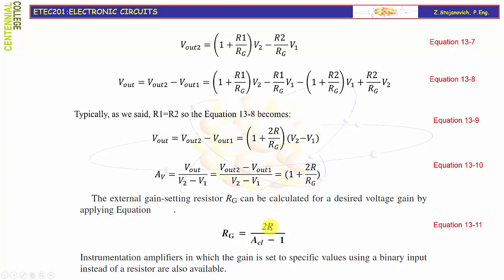So it will be 2R over the closed loop gain minus 1. So whenever there is a need to calculate which resistor will give us the required gain, we can apply equation 13-11 to do the calculation. Instrumentation amplifiers in which the gain is set to specific values using a binary input instead of a resistor are also available.